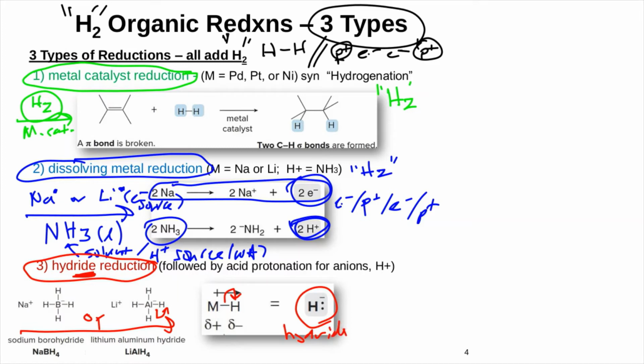Now, a lot of times, after the hydride source is added, you'll then be adding a proton back to solution, or protonating the solution if there's an anion available. So really what the hydride adds, a hydride is the nucleus of a hydrogen atom plus 2 electrons.